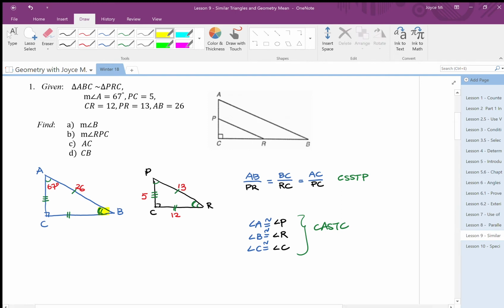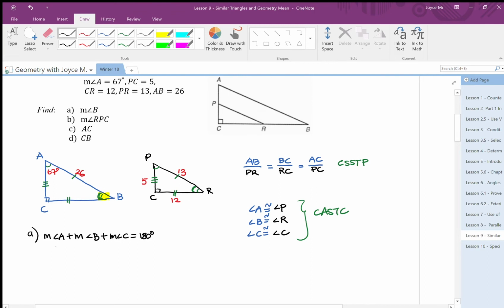Well, in a triangle, the interior angle sum tells me that the angles add to 180. So the measurement of angle A plus the measurement of angle B plus the measurement of angle C is going to give me 180.